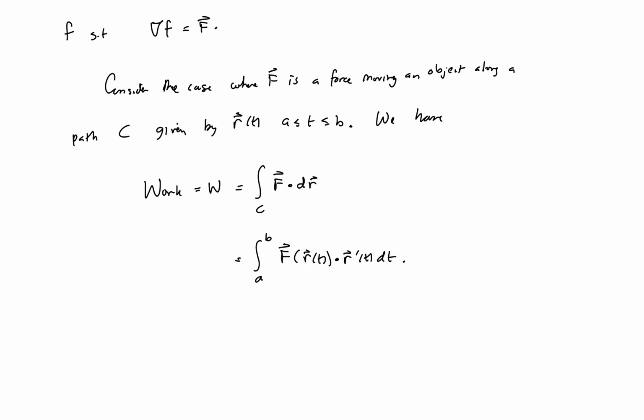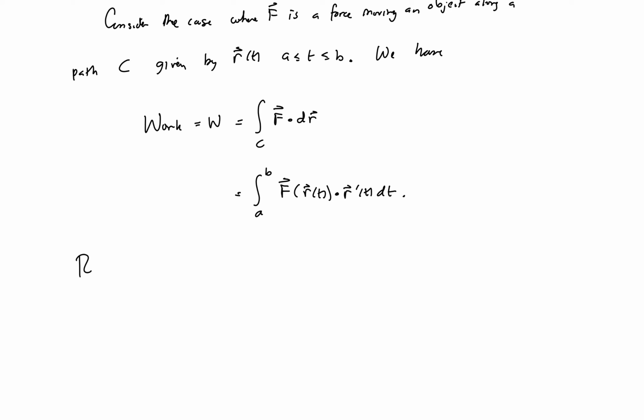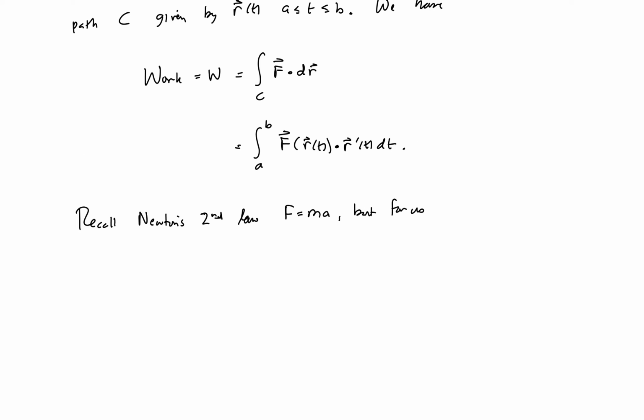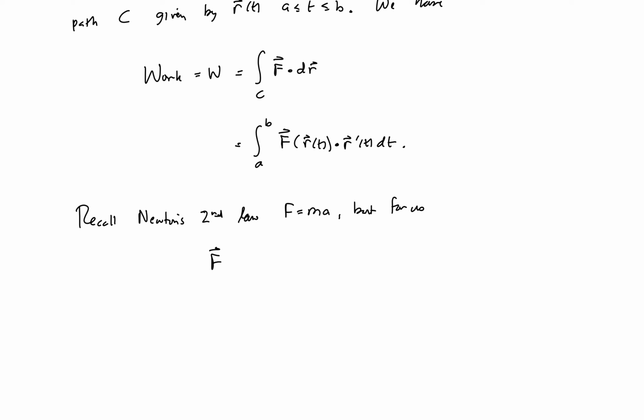Now what we're going to do is use a little physics. So recall Newton's second law. In a first semester physics class, you'd write this as F equals mass times acceleration, but for us, we want to use vector notation. So we have F of r of t equals m a of t, which we can also write as m r double prime of t.